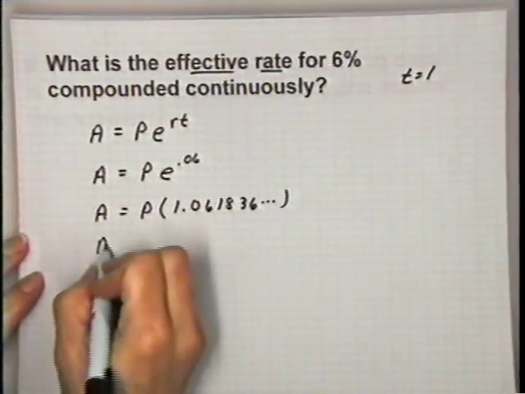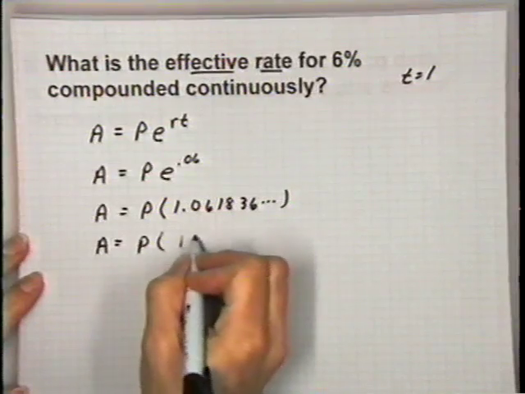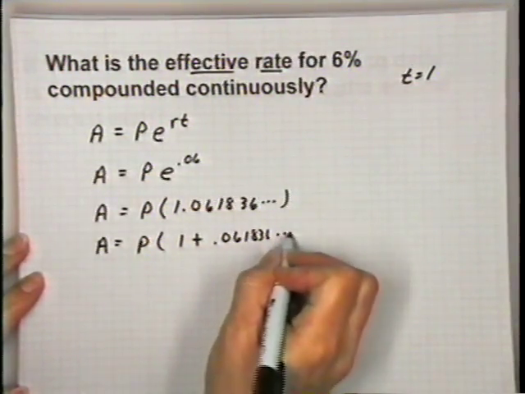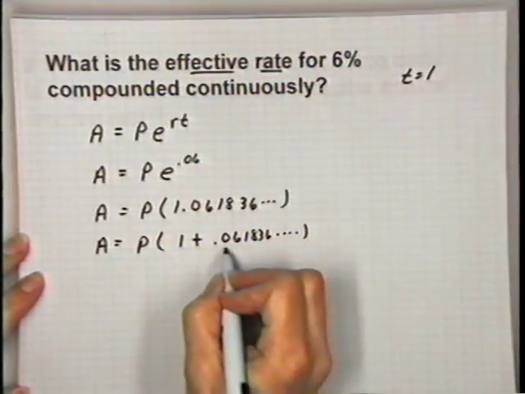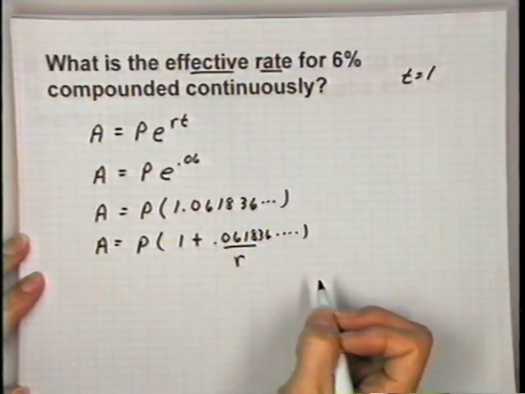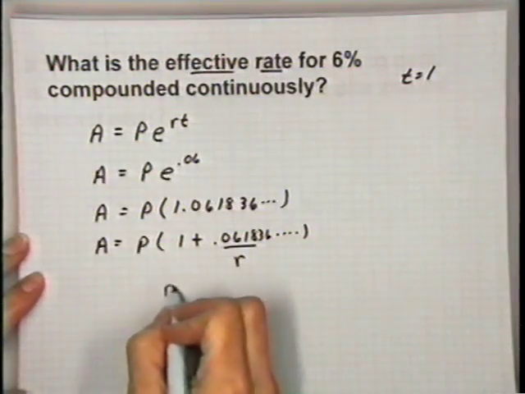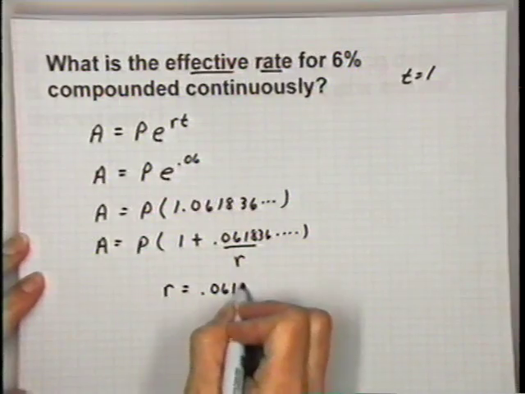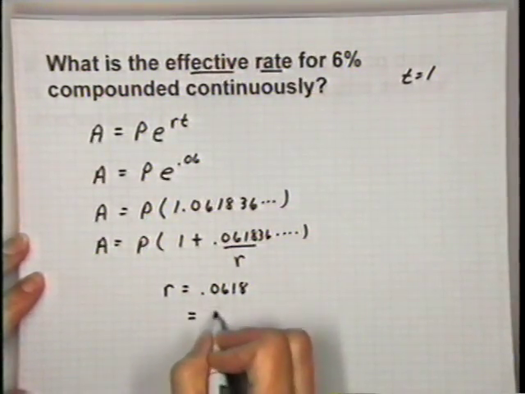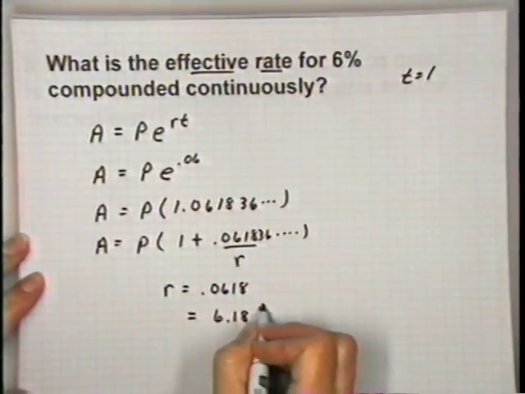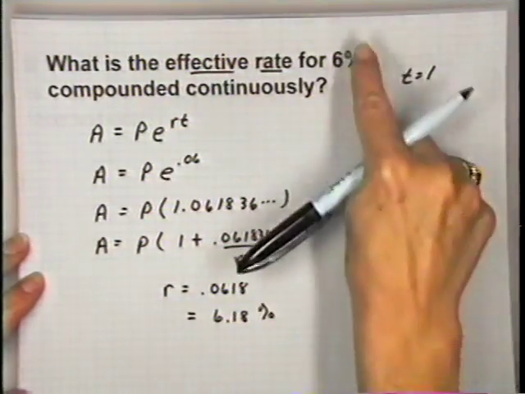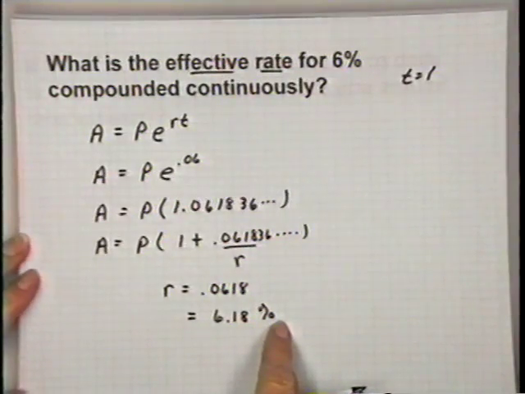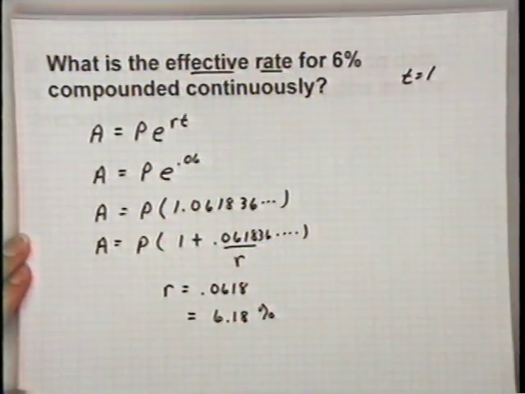Now again, remember this can be written as 1 plus 0.061836, etc. So this number right here is my R. Okay, so R equals, if I round off to 4 decimal places, I have 0.0618, which converted to a percent is 6.18%. So 6% continuous is the same as 6.18% compounded once a year.